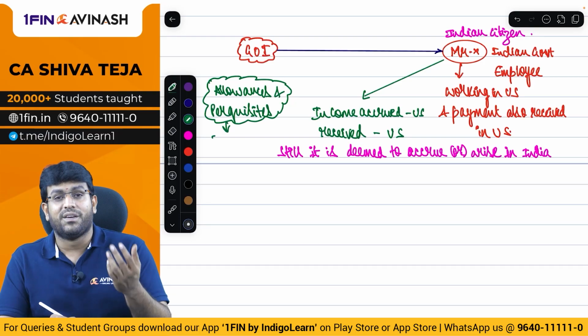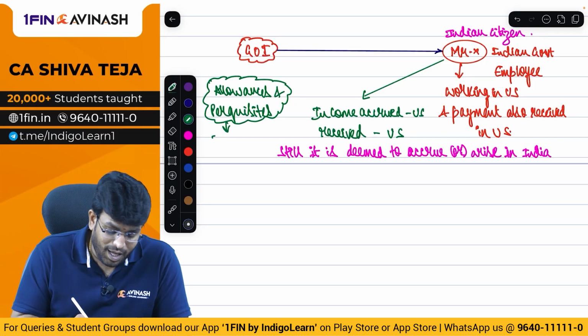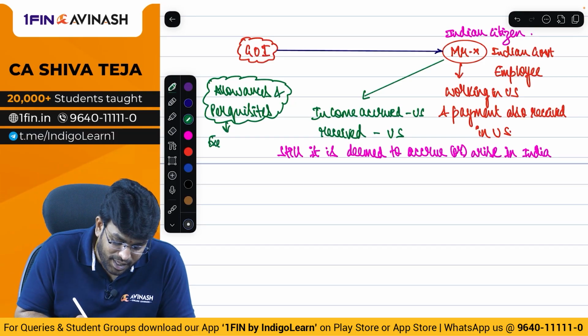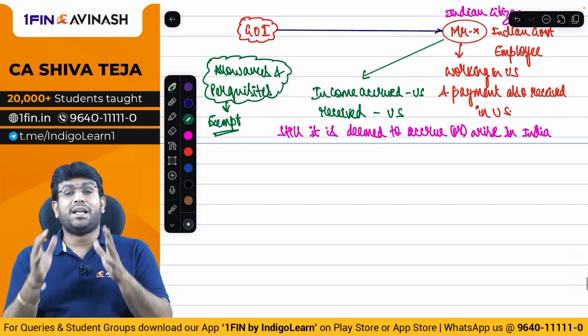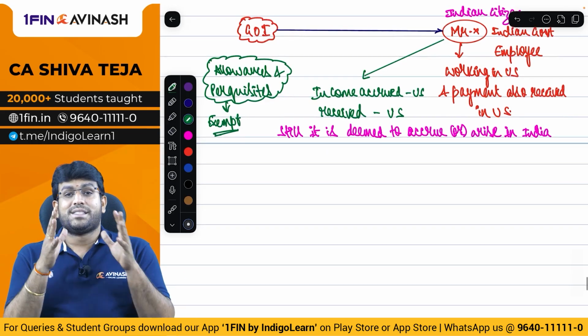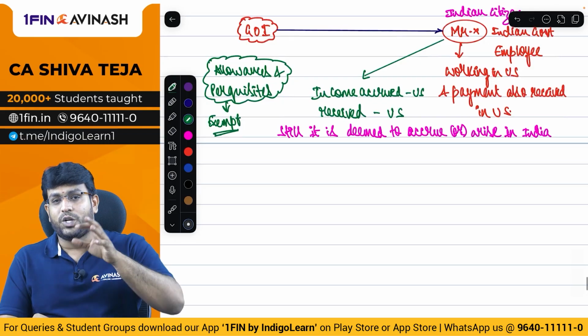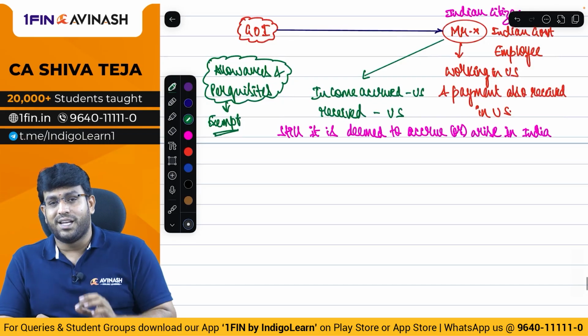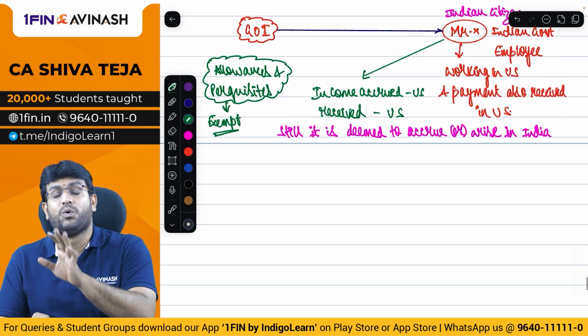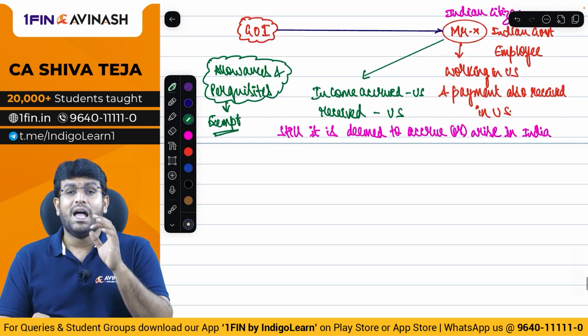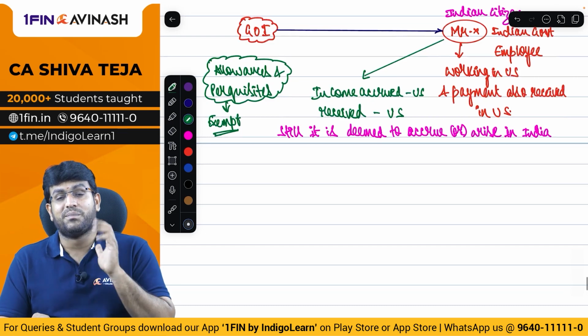So many facilities might be given by the employer to the employee. Allowances and perquisites will be exempt. So, what is the concept here? Salary paid by government of India to an Indian citizen working outside India is definitely deemed to accrue or arise in India. However, allowances and perquisites are exempt.